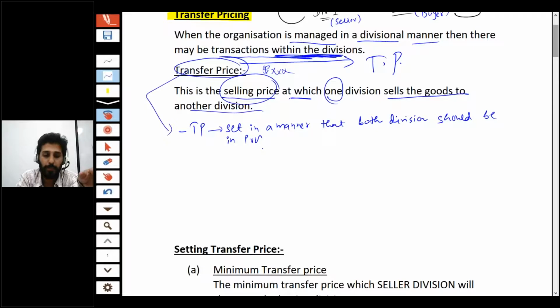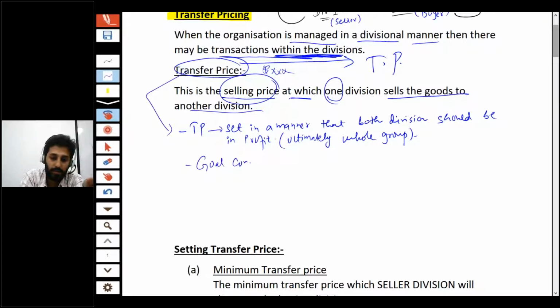That is, ultimately the whole group, right? So the point is that that is the goal congruence. The transfer price should be set either yes or no.